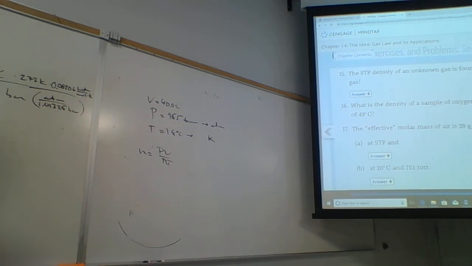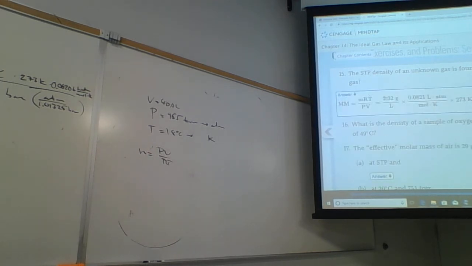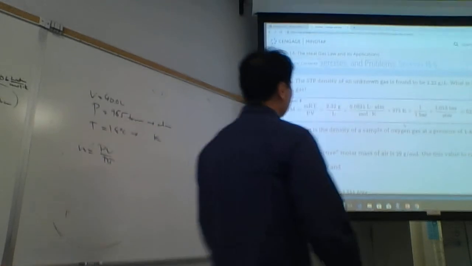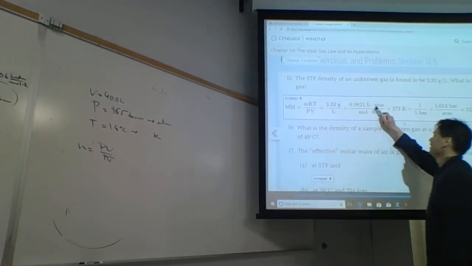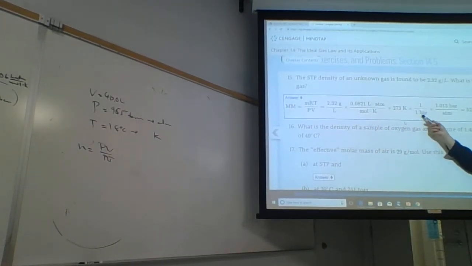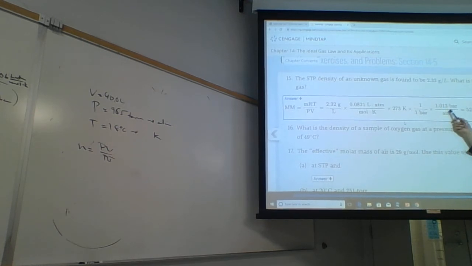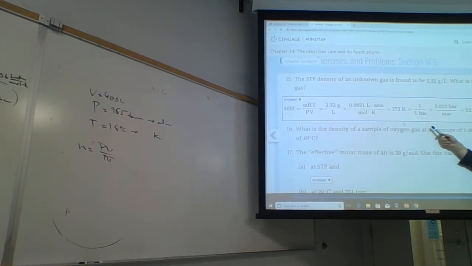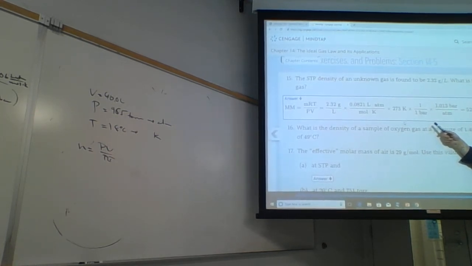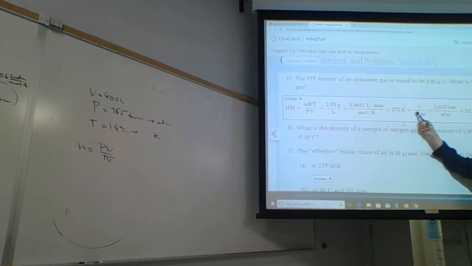How do you know? I don't know. Let me see what they're doing. They're doing it in bar also. So they have the R in atmospheres, and what they're doing is they're converting the pressure from atmospheres to bars.